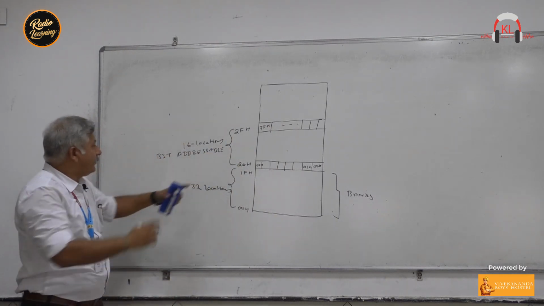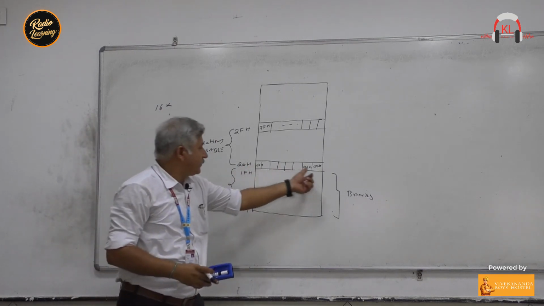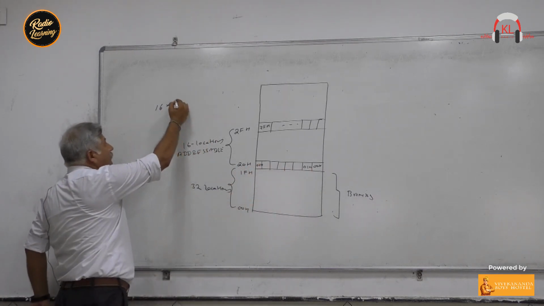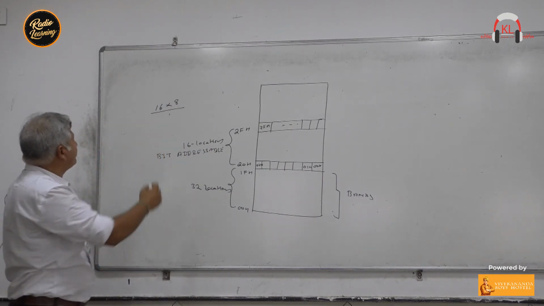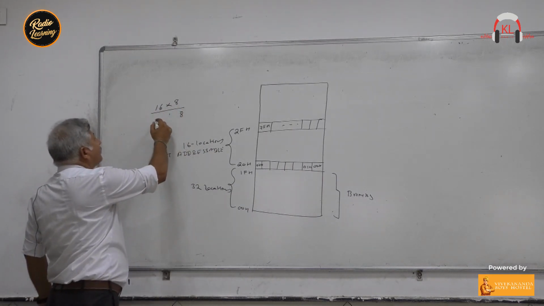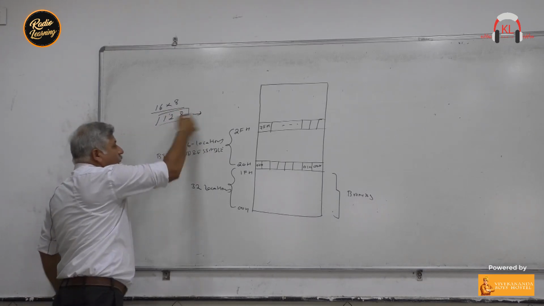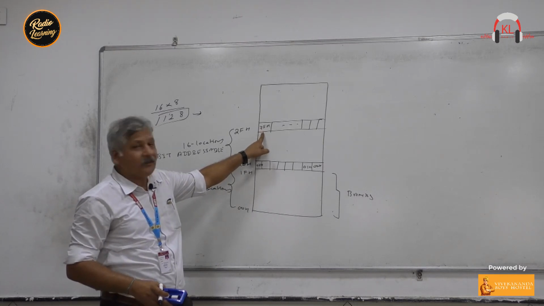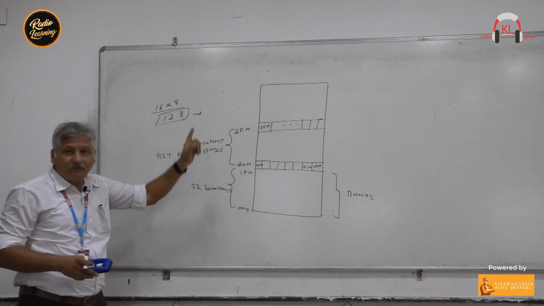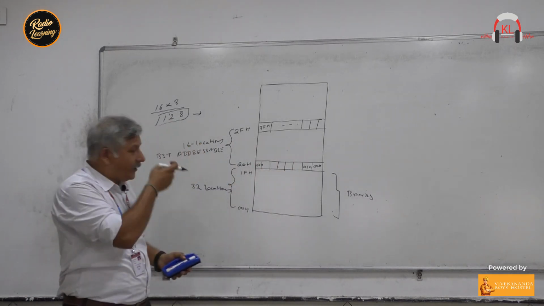So in total, there are 16 locations. At each location, we have 8 bits. So 16 into 8. How much it is? 128. So total there are from 00 to 7FH. There are 128 bits. So each of the 128 bits you can access individually.